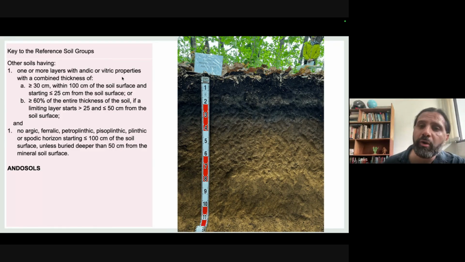Andic properties are also connected to ash and recent volcanic activity, but we have some weathering that destroyed the vitric properties, the vitric materials, and now we have low crystalline minerals such as allophane and imogolite that have a strong connection with organic matter and produce some specific properties, and also a strong connection with phosphates.